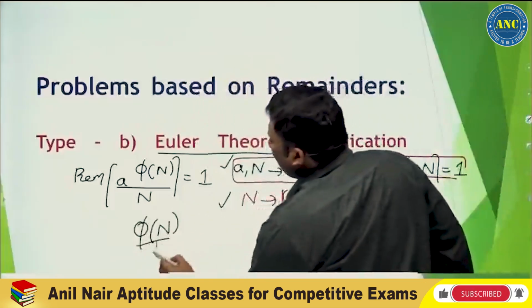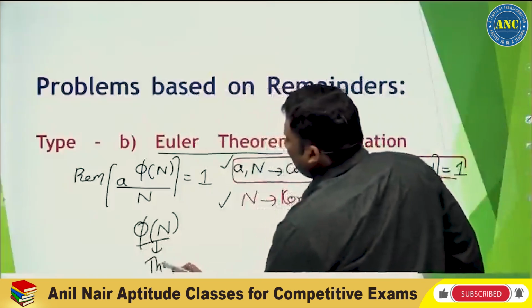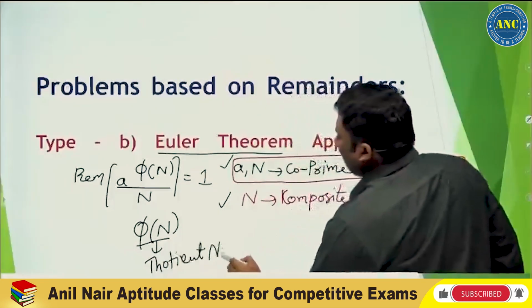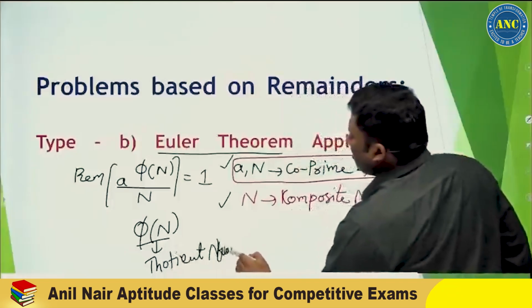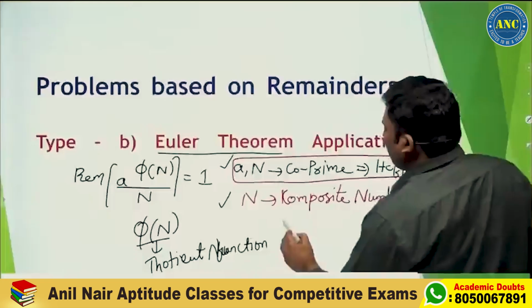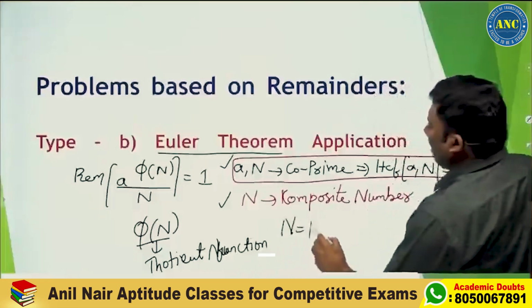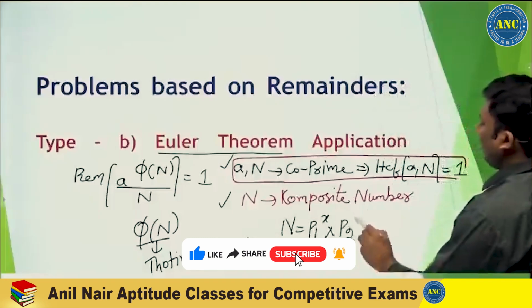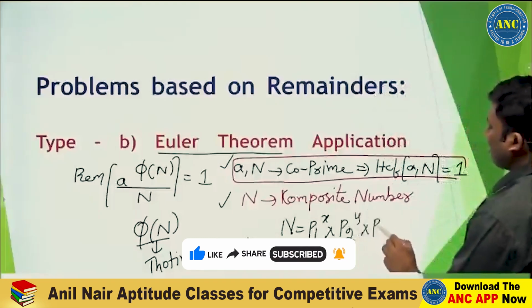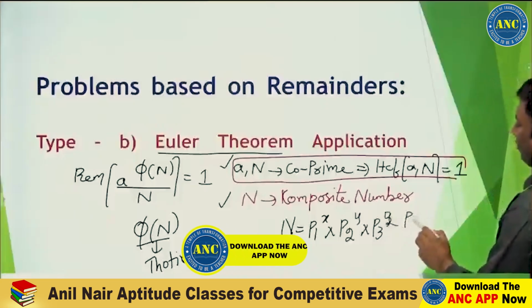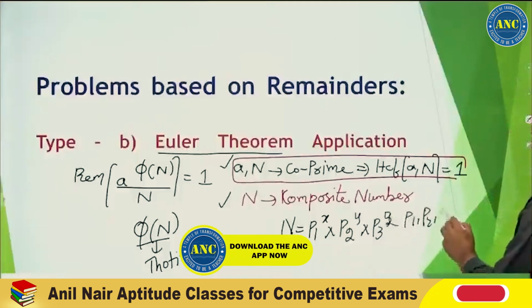Phi of n: when I discuss co-primes, I will tell you its application in the divisibility function. First we will write down the function. Quotient function means write the number as a power of prime bases, where p1, p2, p3 are all prime numbers.